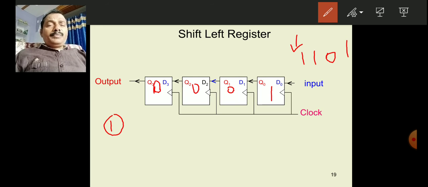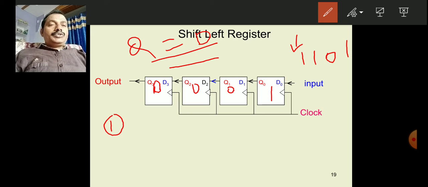Simultaneously, for one pulse, all the flip-flops take the values of their previous inputs as outputs, because for a D flip-flop, Q equals D.